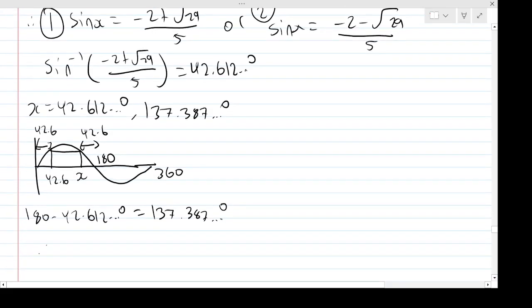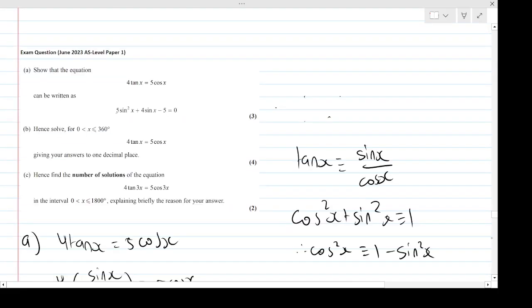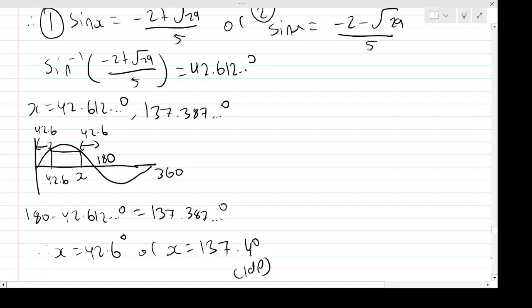Therefore, overall then, x is 42.6, or x is 137.4 to one decimal place. What did it say to round to? One decimal place, was it? Yes, one decimal place. Okay, so we're good there. Okay, so those are my solutions here.